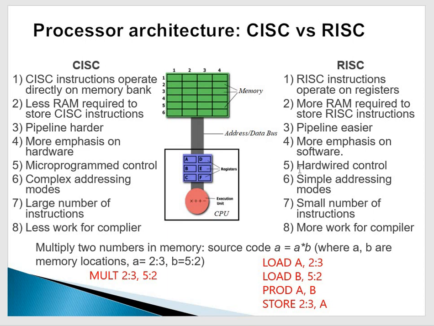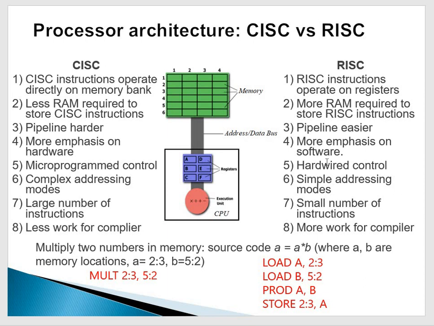And on the other hand, in case of hardware control, the control signals are generated by extra circuitry which is inbuilt within the CPU, and that particular circuitry will be responsible to generate the different control signals at the different times.